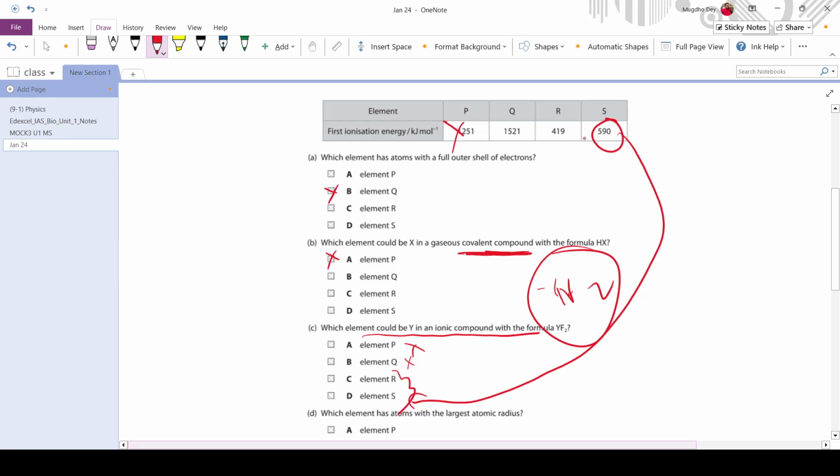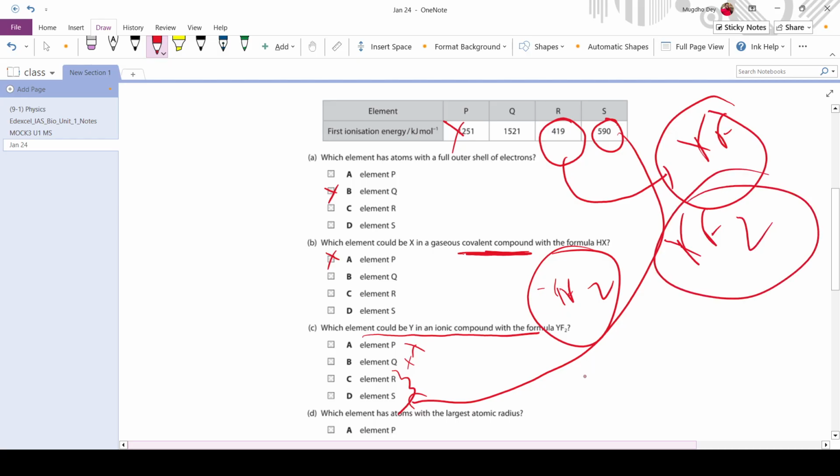Both of them have an equal chance of forming an ionic compound, but since its ionization energy is low, there is a high chance YF may be produced, not YF2. Because in order to produce YF2, you need to take two electrons out, right? So obviously more energy will be required. So yes, the most possible answer is S.